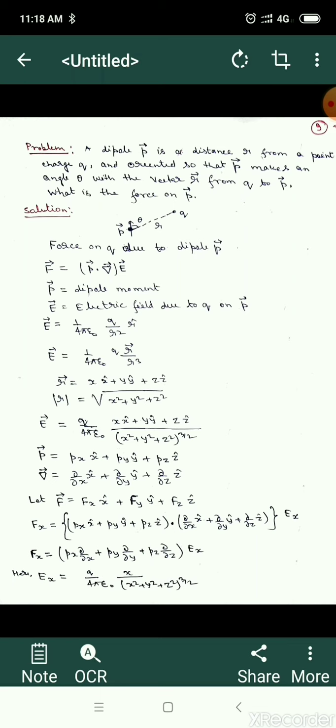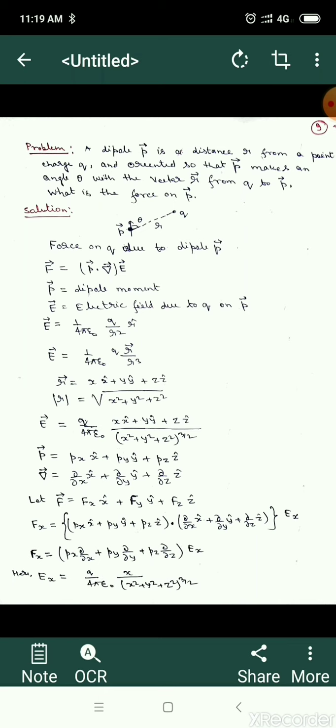Now let us consider that force F is equal to Fx x unit vector, Fy y unit vector, Fz z unit vector. So we can first find the x component, y component, and z component of force by finding the electric field in x direction, y direction, and z direction. Then we can add all the components of force, and then we can find the total force. So Fx we can calculate.